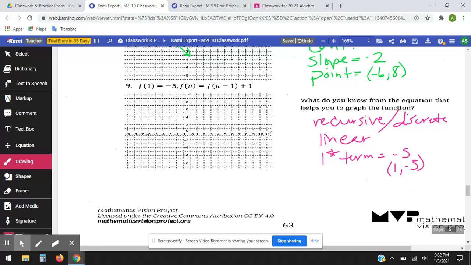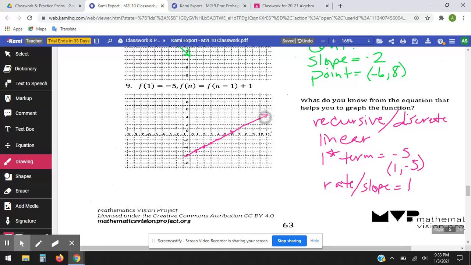And I also know that my rate or slope is going to be 1. So if I start at (1, -5), I'm going to start right here, and I'm going to go up 1 over 1, up 1 over 1, up 1 over 1, and just keep going.